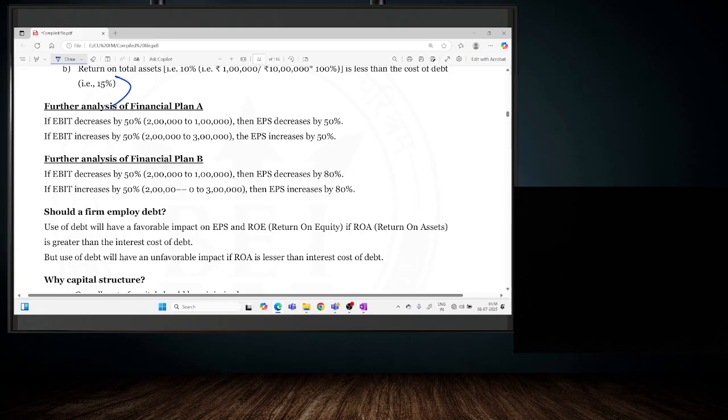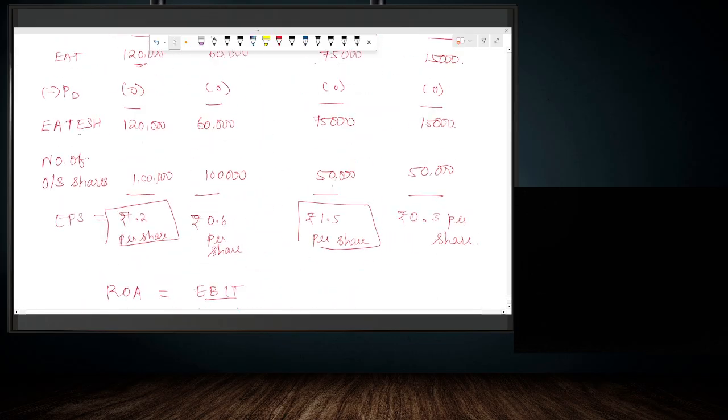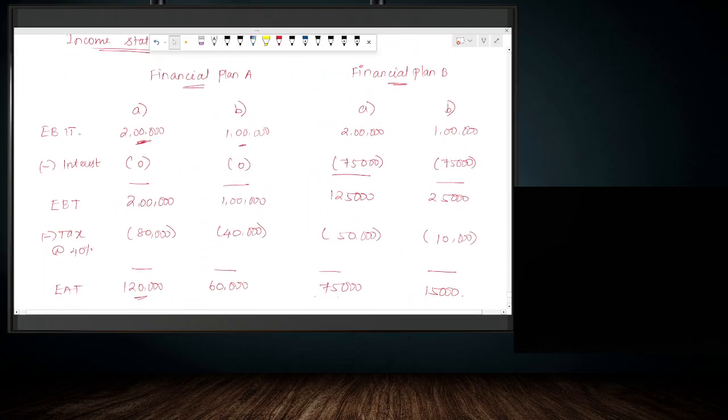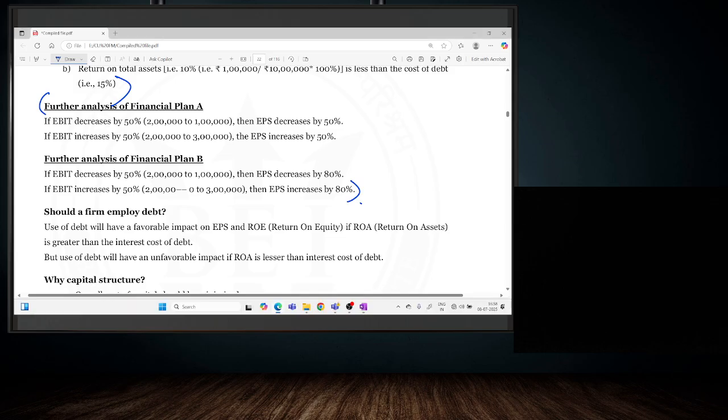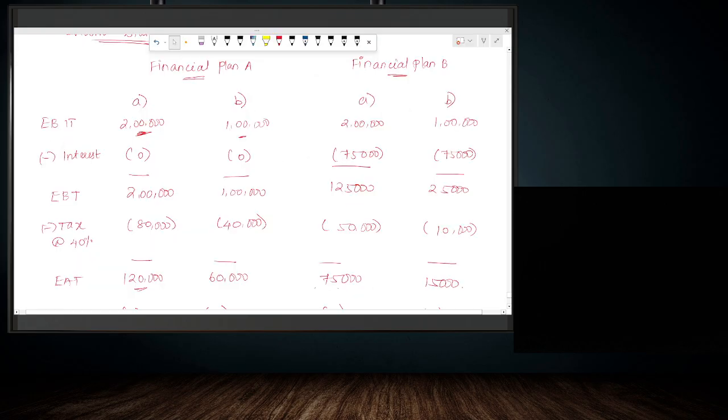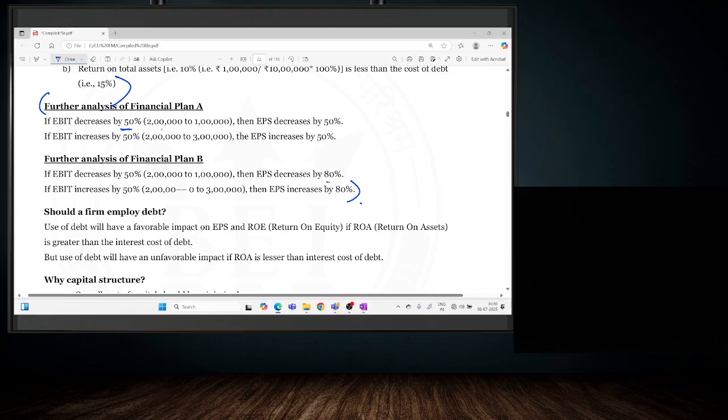So listen, we will do this further analysis quickly and then we can move to the next topic. So further analysis of plan A. Just look at plan A over here. If EBIT decreases by 50%, where like here it is 2 lakh, then EPS decreases by 80%.